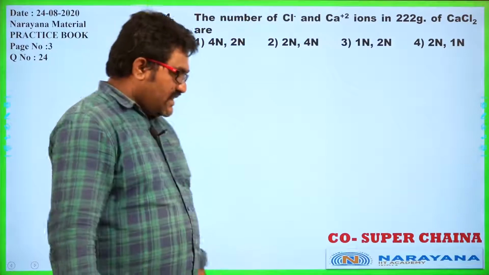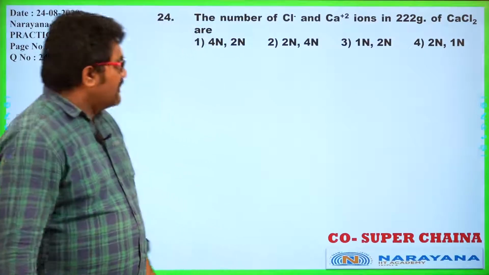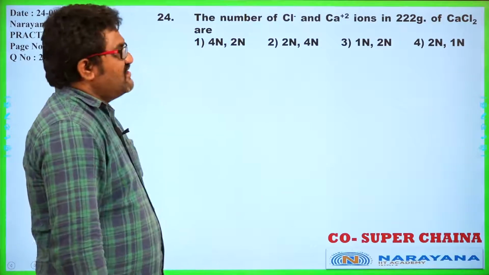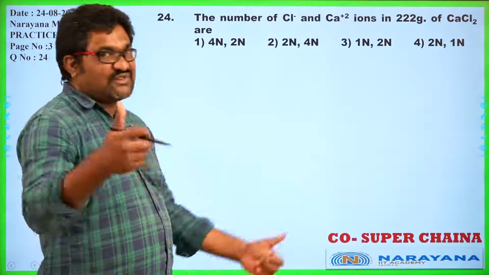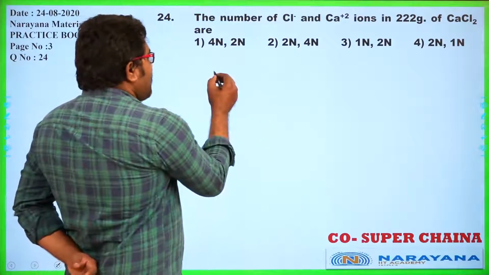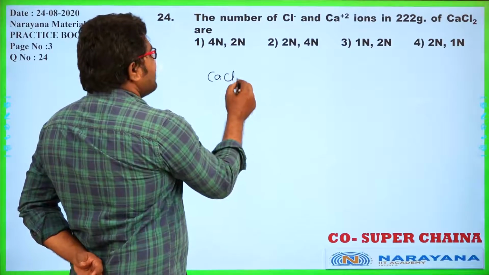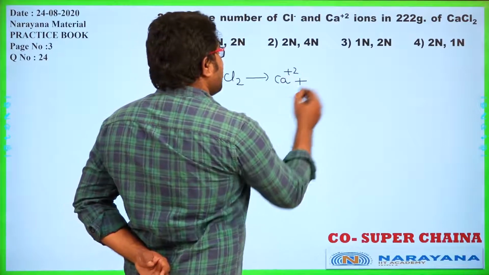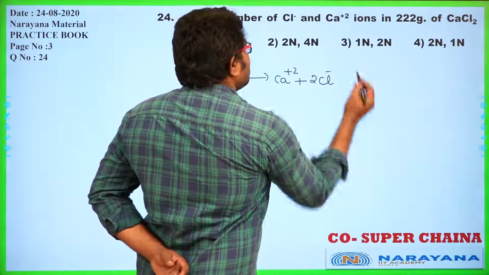Here it is 24. See the number of Cl minus and Ca2 plus ions in 222 grams of CaCl2. So how can we calculate? If CaCl2 is added in water, what are the ions that are produced? Ca2 plus and 2Cl minus.